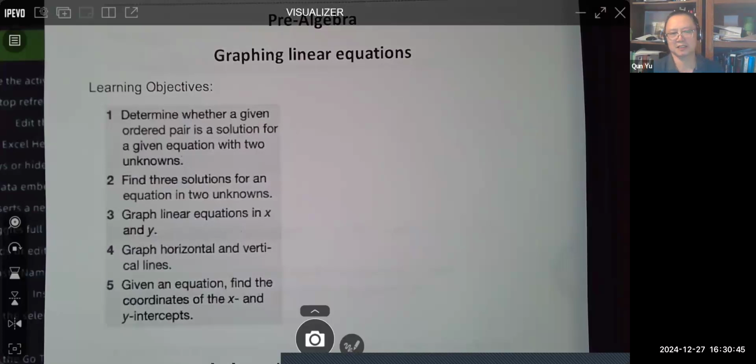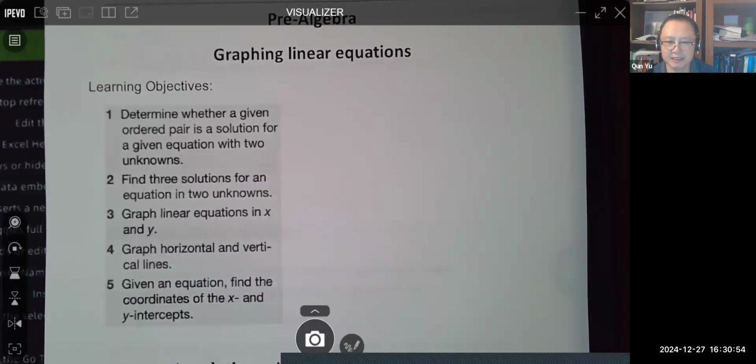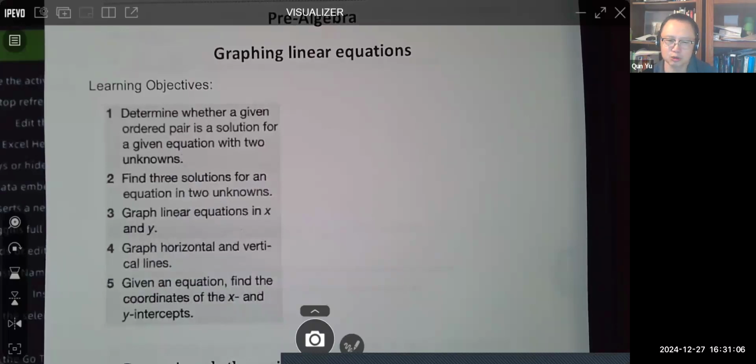First of all, we look at if a given pair of numbers is a solution to an equation with 2 variables in it. Then the second objective is to find 3 sets of solutions for a given equation in 2 variables. This is our foundation to graph the linear equation, which is a line.